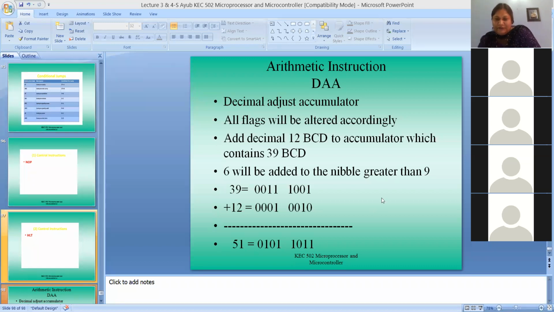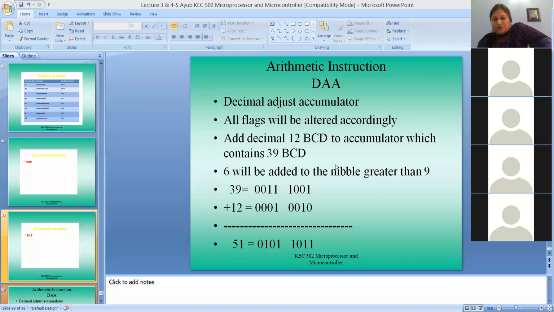So if you are working with decimal data through a microprocessor, then you do not want the numbers to be A, B, C, D, E, F, because these are not understood by the common man. The common man will understand 10, 11, 12, 13, 14 after 9.